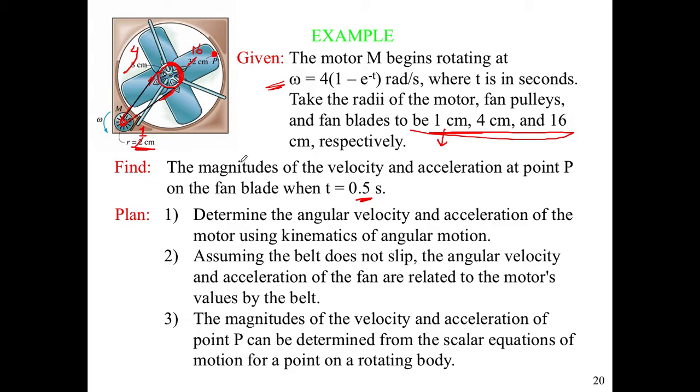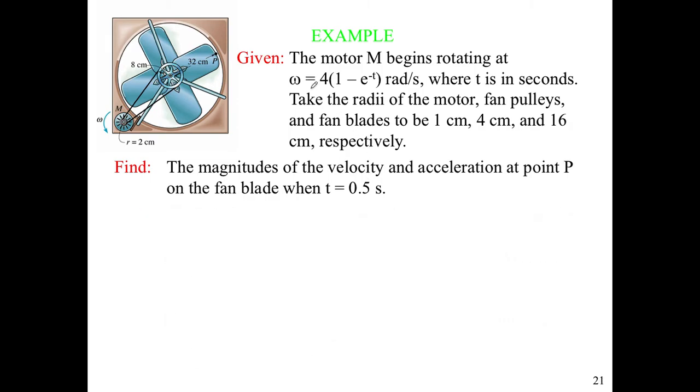So सबसे पहले we know that omega is this one for the motor. ठीक. So why don't I just find what is going to be the angular velocity of this motor pulley at t is equals to 0.5 seconds. So that is omega at t is equals to 0.5.